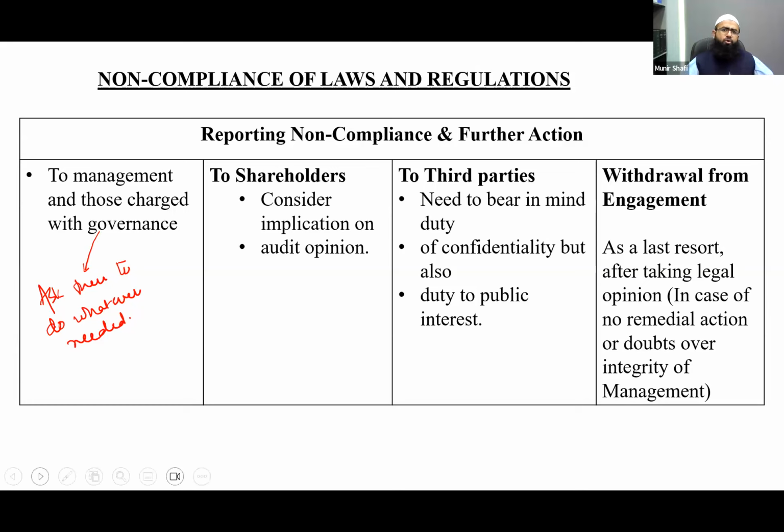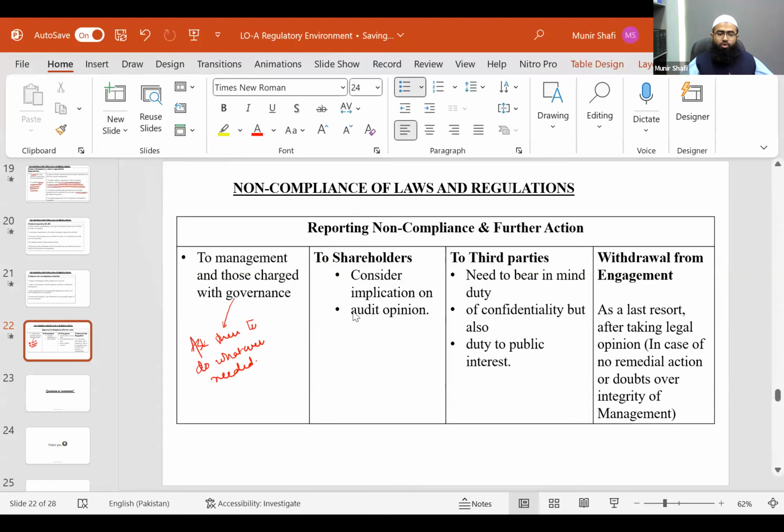So, what would be your obligation? What would be your responsibility? You're in a fix. Take legal advice, because if you tell the client, you might be in danger. Are you getting this? You might be in danger. So, what are you supposed to do? Okay, so this is one para.